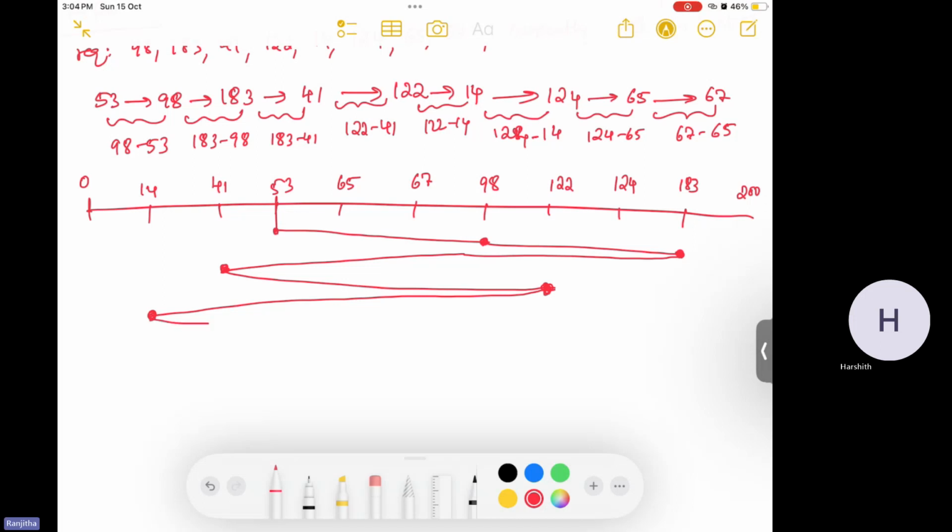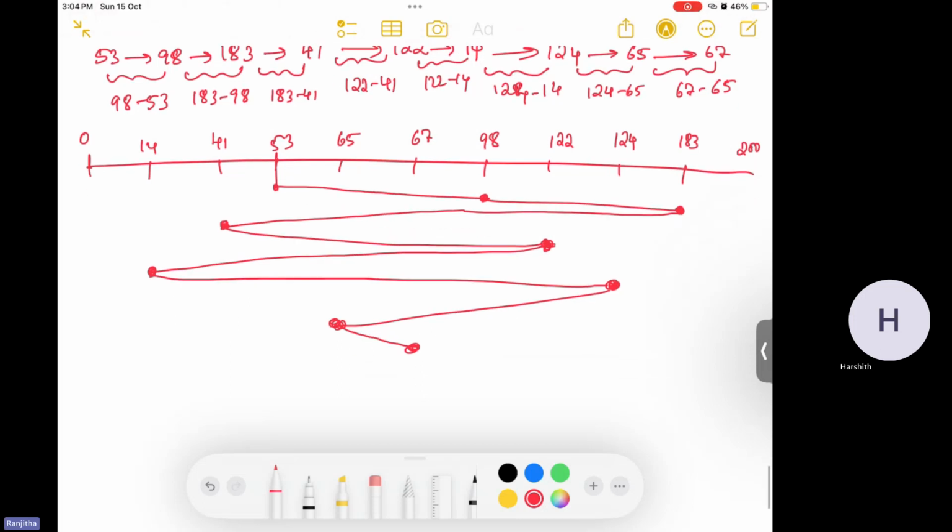Then from 14, it goes again to 124. Then from 124, it comes to 65. From 65, it goes to 67. And from 67, we are done with all six. So this is how the disk arm moves in first in, first out. The order in which it was requested, in the same order it will be serviced.